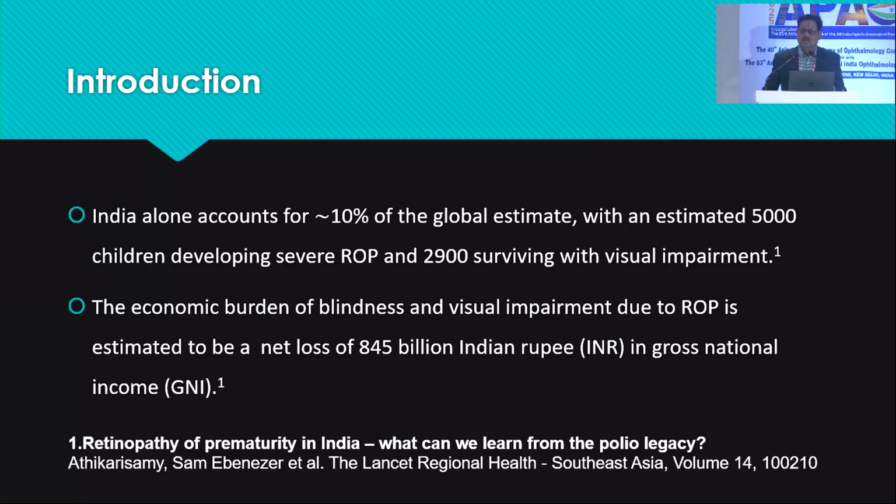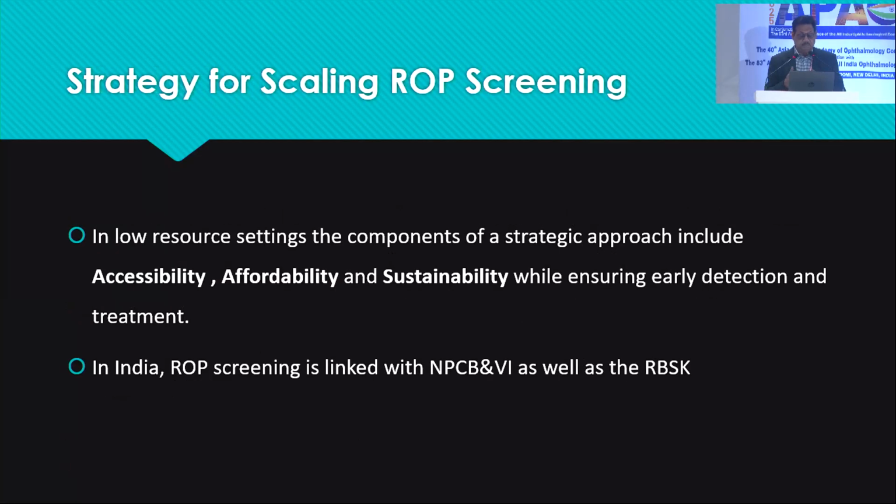These figures will vary from time to time. The economic burden of blindness and visual impairment due to ROP is estimated to be a net loss of 845 billion Indian rupees in gross national income. So it's a huge amount of money which is involved there.